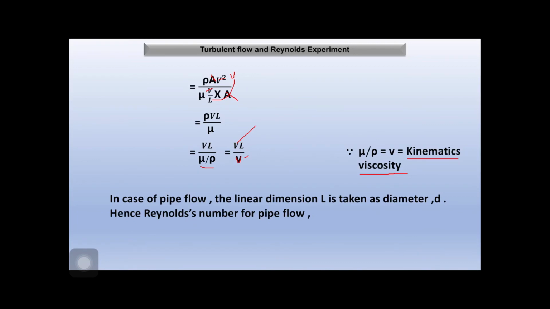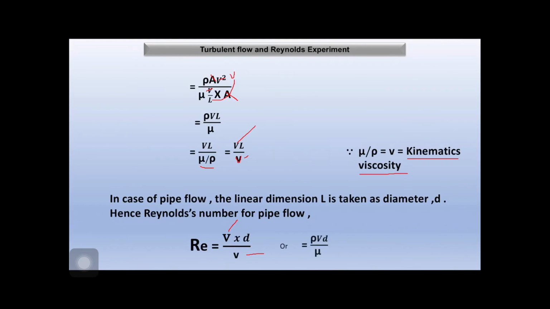So the conclusion is that in case of pipe flow, L is taken as D. If the fluid is flowing through a pipe, L gets replaced by D, and the Reynolds number for pipe flow will be given by Re is equal to V into D by nu, where nu is the kinematic viscosity and V is the velocity of fluid flow.